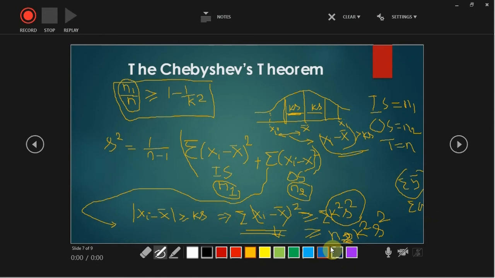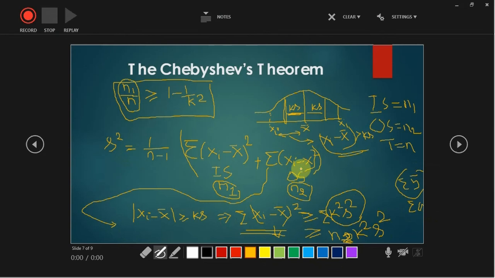When we substitute this expression, the equality sign changes because we are substituting a smaller number here. So this is greater than or equal to this number.